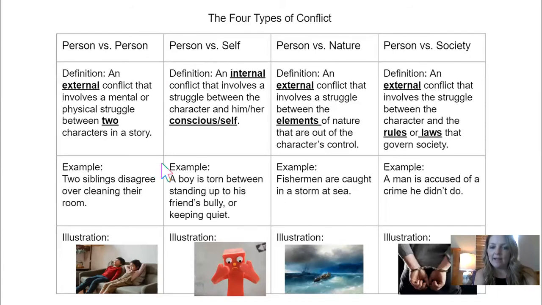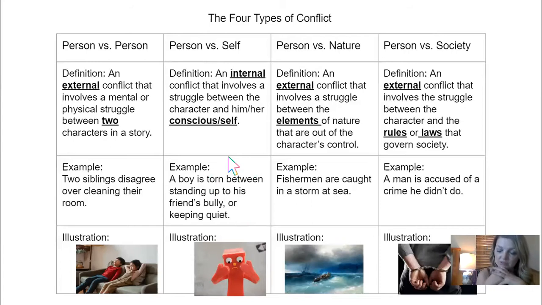So an example I have here, down here where my arrow is, a boy is torn between standing up to his friend's bully or keeping quiet, right? And that's a struggle that I hope none of you have ever experienced or been on any side of, but that would be an internal struggle.